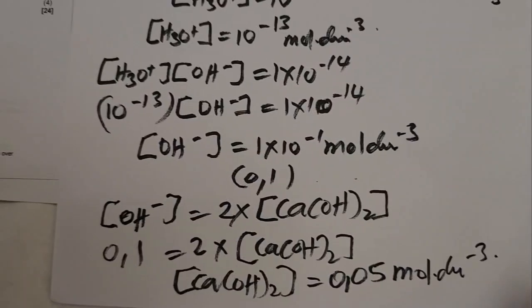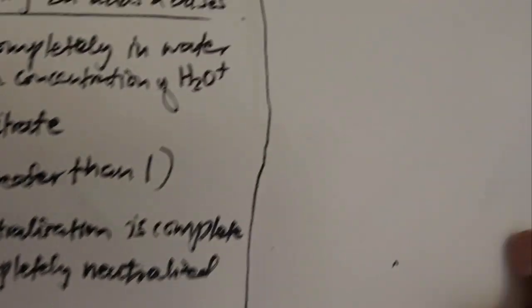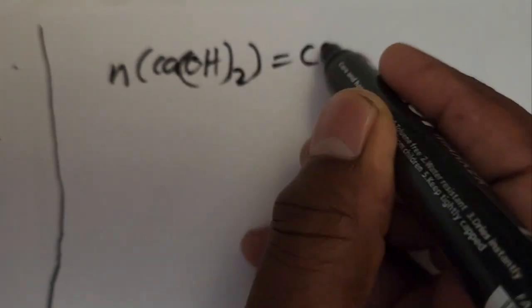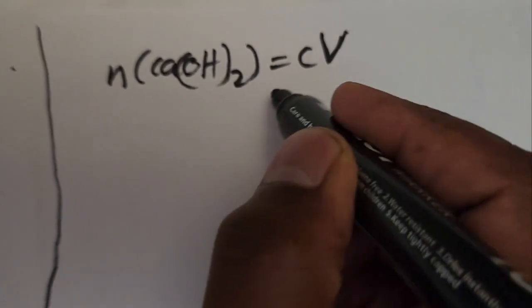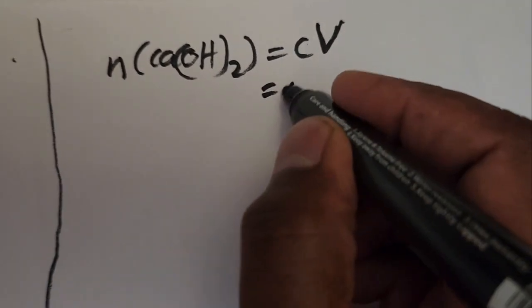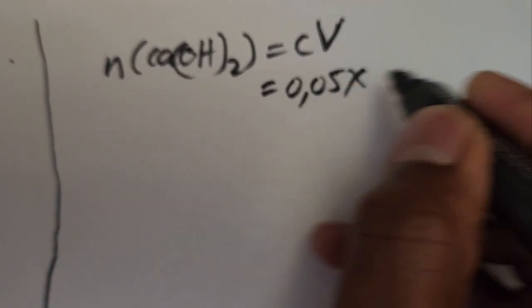Fine, then we have the concentration of calcium hydroxide. Now we can find the number of moles. From the formula triangle, the number of moles of calcium hydroxide will be concentration multiplied by volume. The concentration is 0.05, which we just calculated.